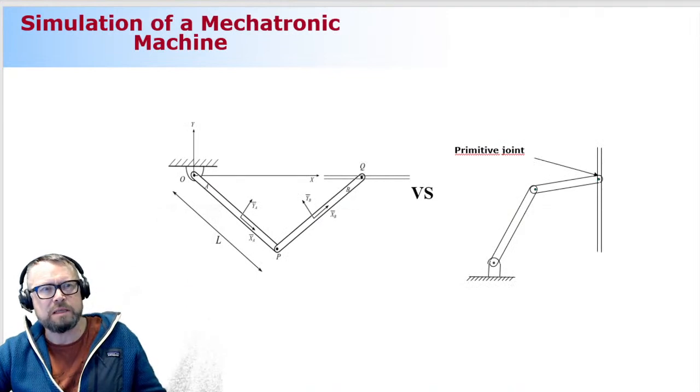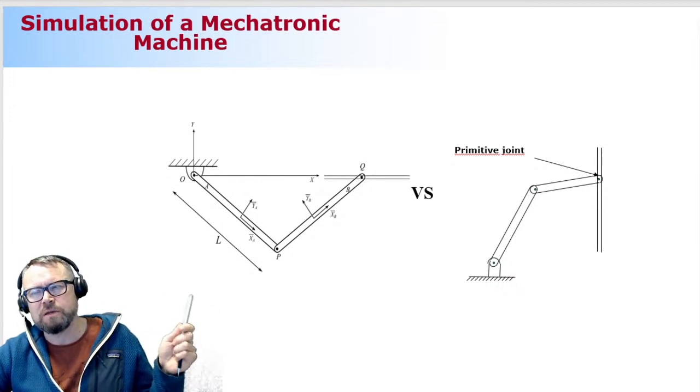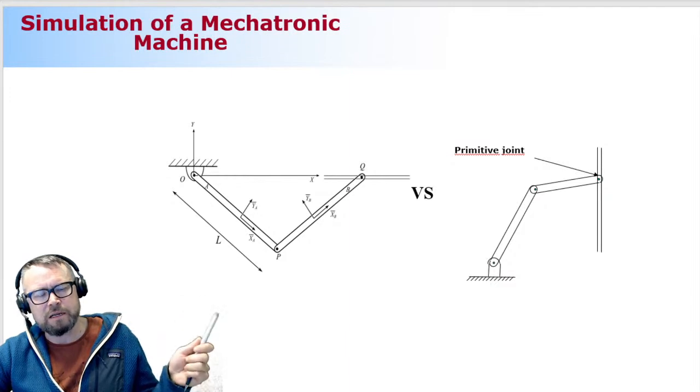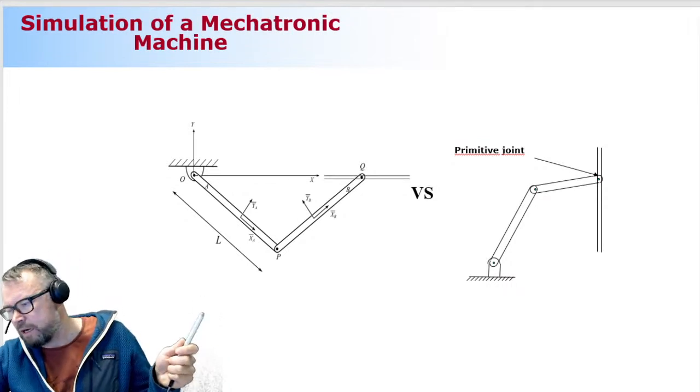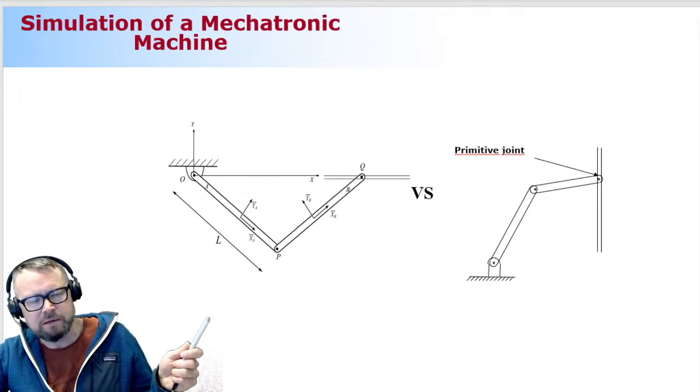What's the difference between this particular example and the example we looked at 15 minutes back? What is the difference in terms of number of degrees of freedom? To answer that question, you need to take a look at how many bodies you have, how many revolute joints you have, how many primitive joints you have. And once you're done with that, then you can finally do the math.